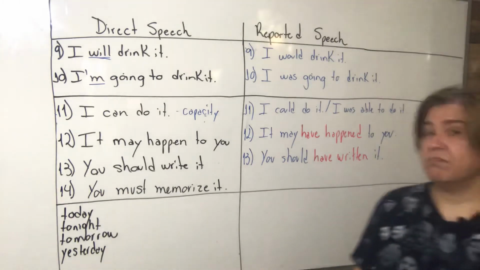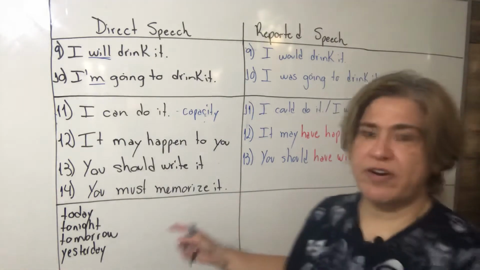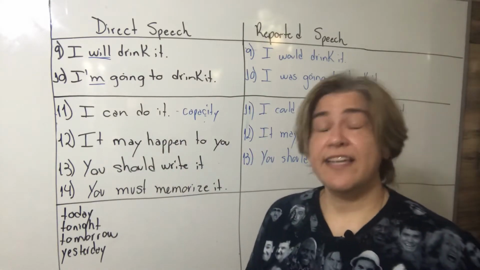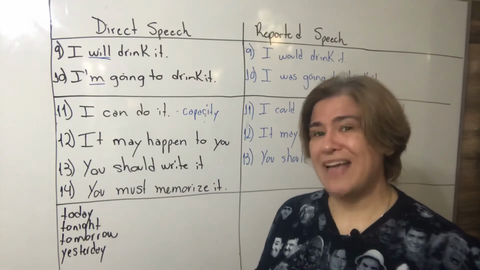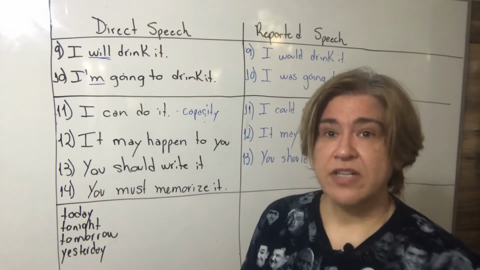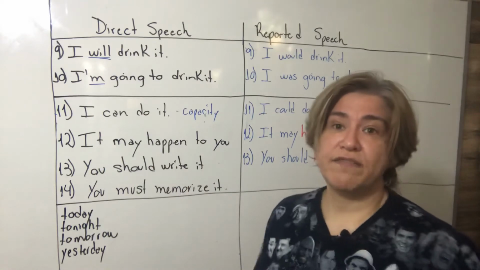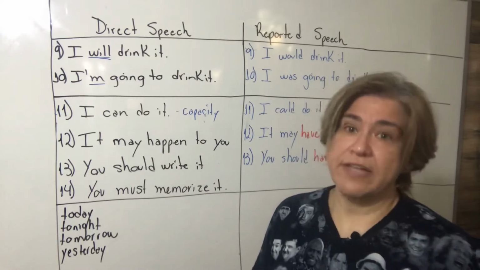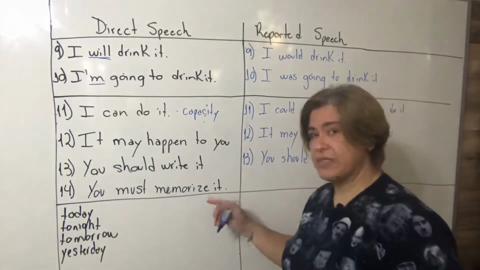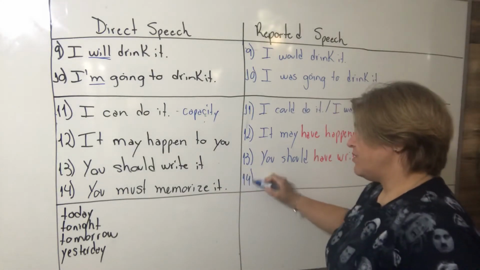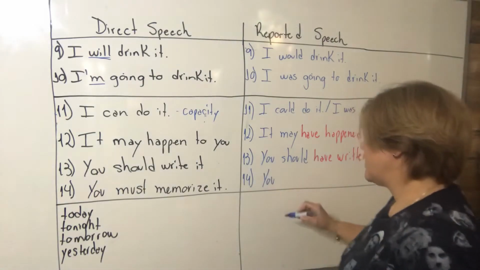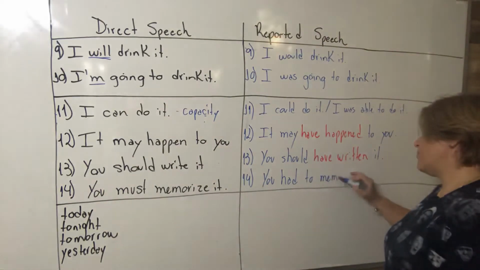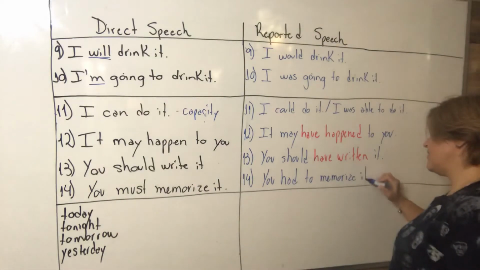Okay. Must. You must memorize it. It's the must that indicates obligation. In unit 4, the past of must, the teacher told you, there are 2 possibilities. The verb have in past, had to, or be allowed to in past. So here we have 2 possibilities. You had to memorize it.